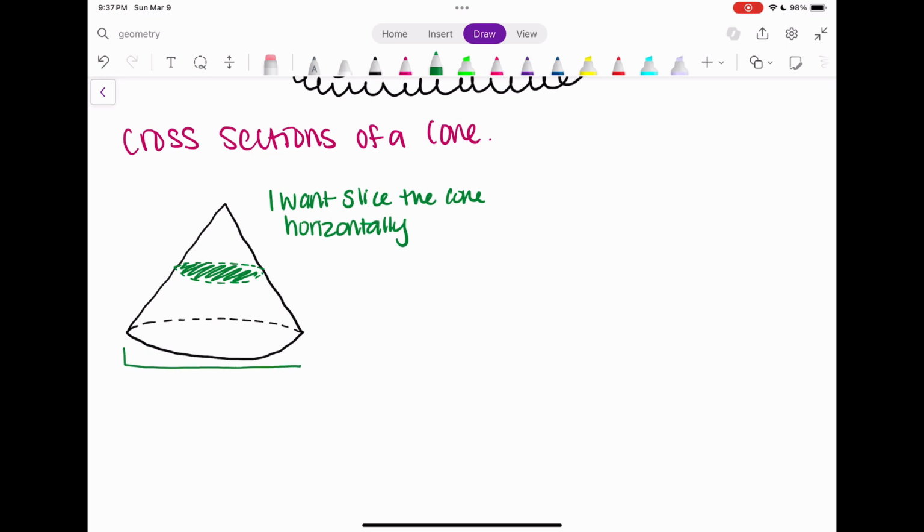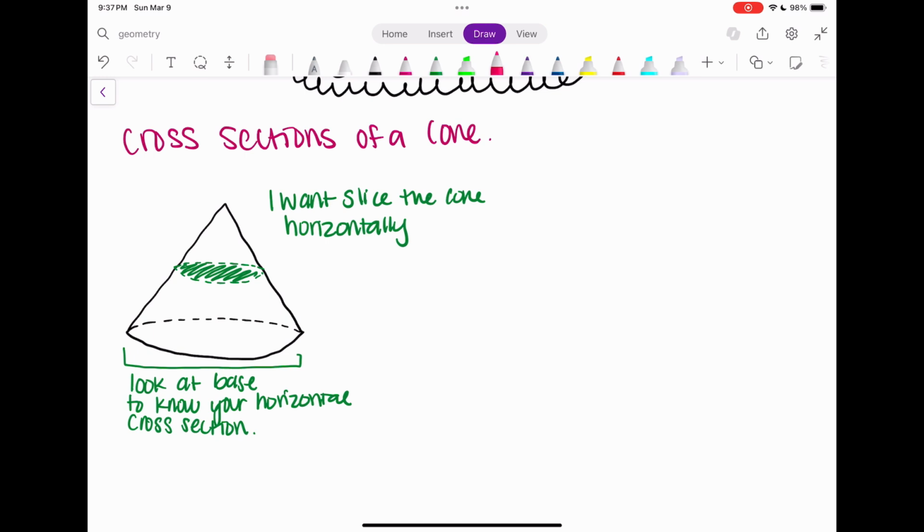If I were to take a look at the base, that's usually my cheat sheet when I am cutting horizontally. So if you look at your base and you see the shape of your base, that's usually going to be your horizontal cross section. So in this instance, we see that it's a circular base, it's a circle.